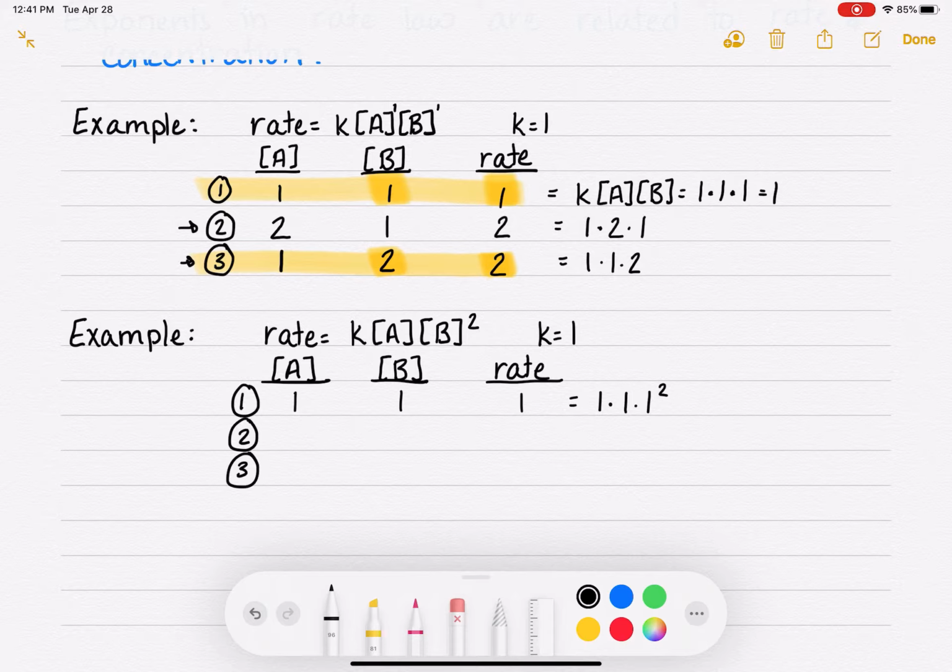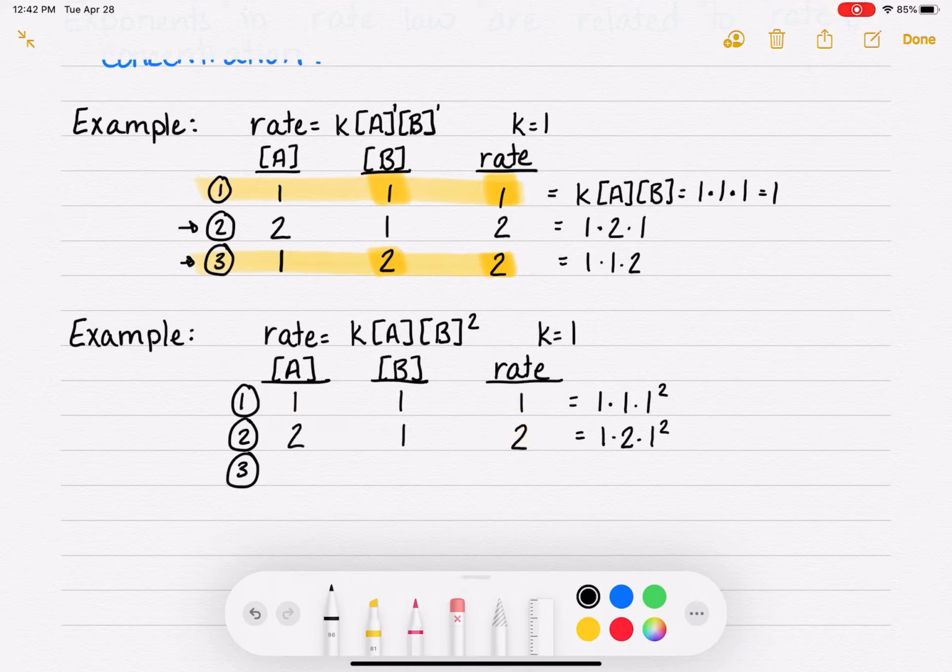What about if we doubled A, so it's 2. We kept B the same. What would that rate be? Well, K is 1, A is 2, B is 1 squared, so doubled. And if we look, we've doubled A, we've also doubled the rate, just like in the example above. No change being made to B.